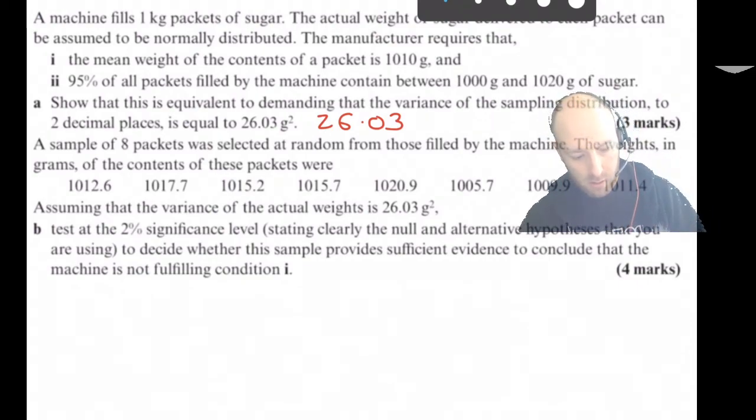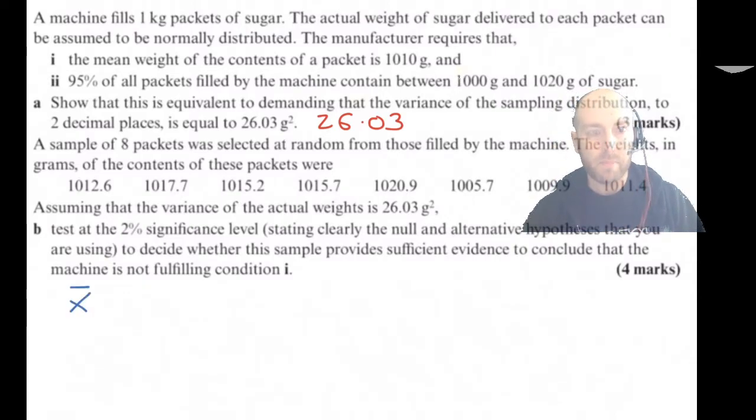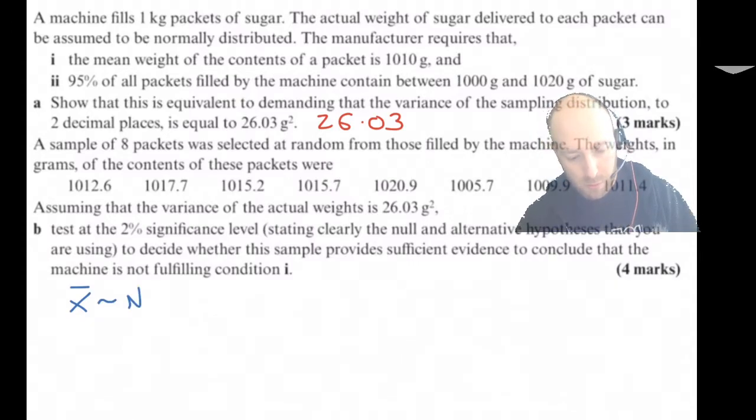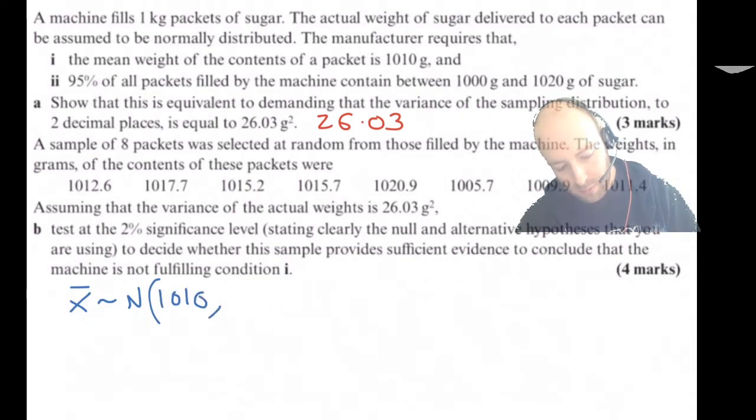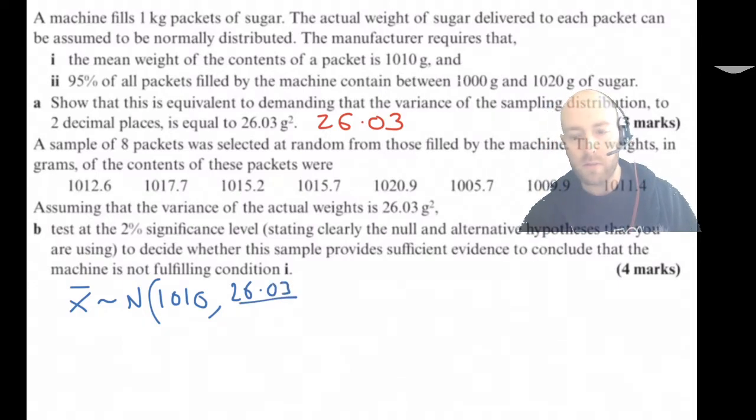So we got our X with a bar on it for means. It is normally distributed. We're assuming that the mean is the same, so 1010. But the standard deviation now will be 26.03 divided by the number of values we've got. So we've got 8 in our sample.